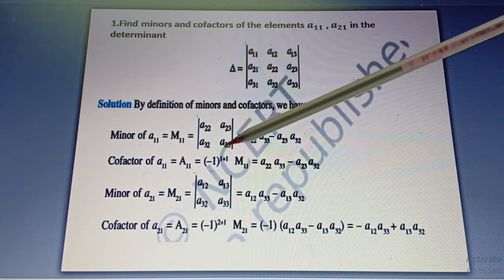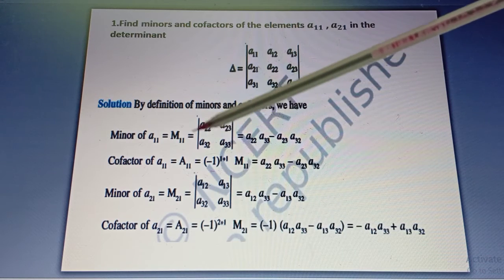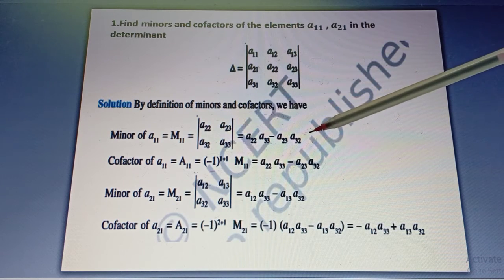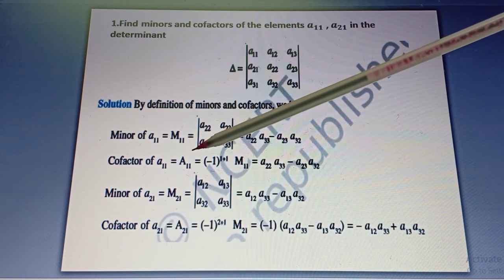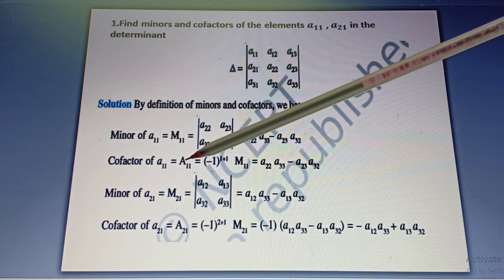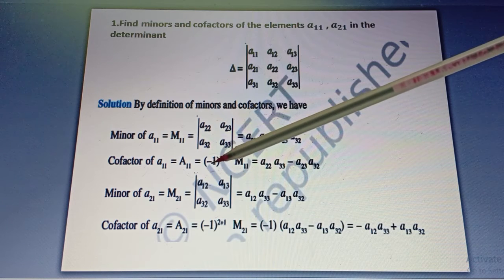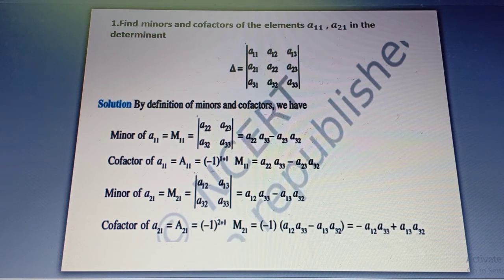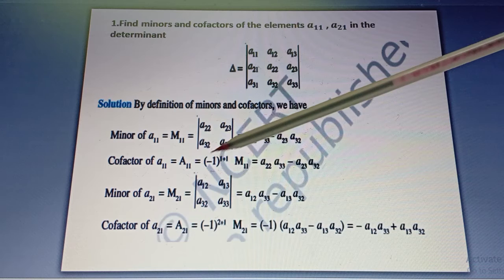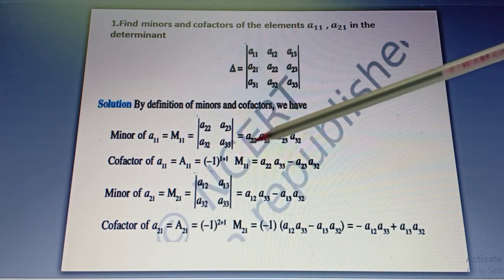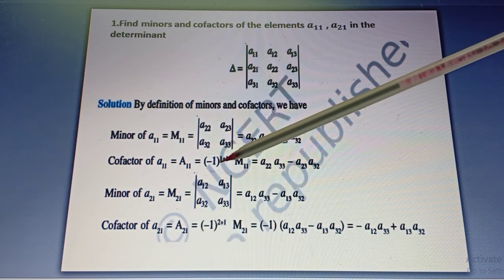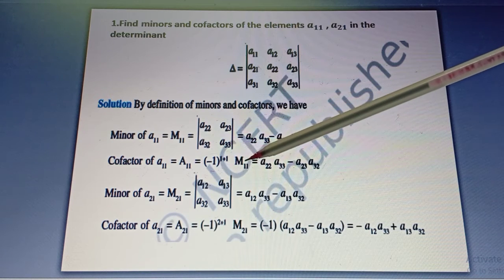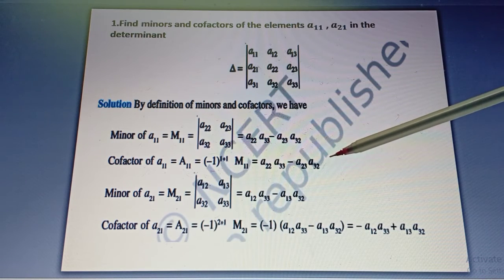After expanding this determinant, we will get the minor of A11. Now, how to find the cofactor of A11? The cofactor of A11 will be denoted by capital A11, and it is minus 1 to the power i plus j. Here i is 1 and j is 1, so minus 1 to the power 1 plus 1 into its minor. It is square, so it is plus 1 into its minor. So the answer will be this one.